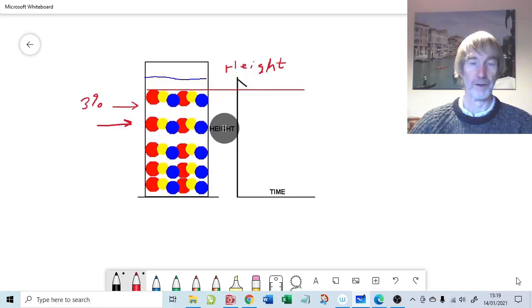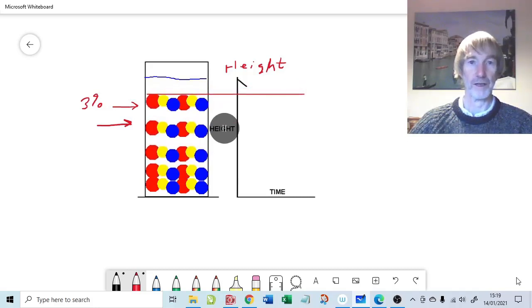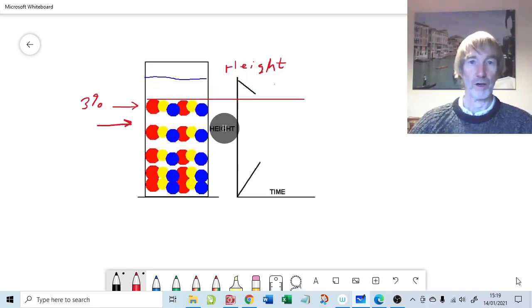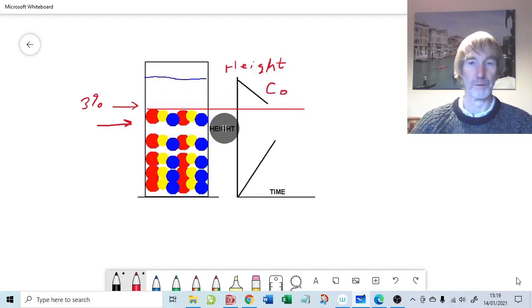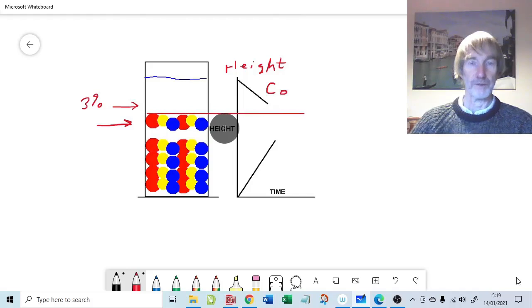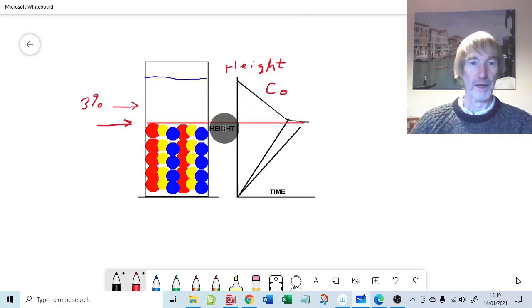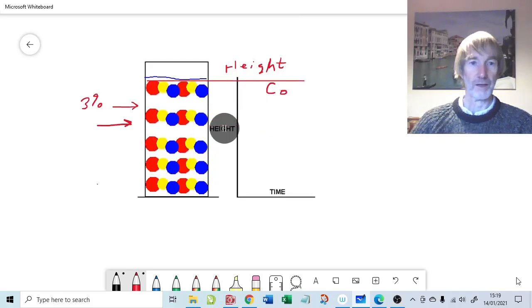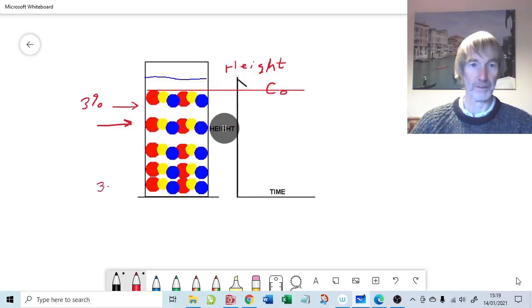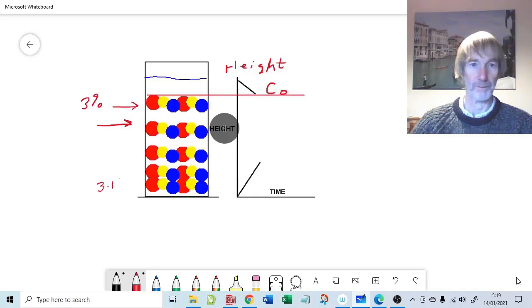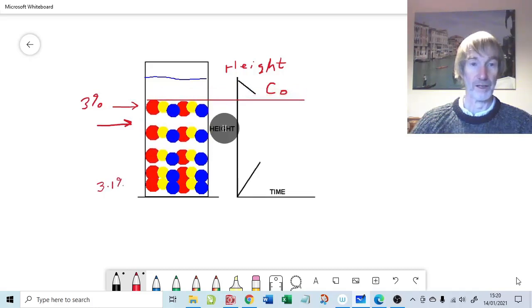The height against time graph is settling in a straight line because that's the region of the original concentration. We'll call that C0, which is 3%. However, as we're settling, clearly we must be initiating a solids concentration greater than 3% somewhere inside the tank. Let's call that 3.1%.